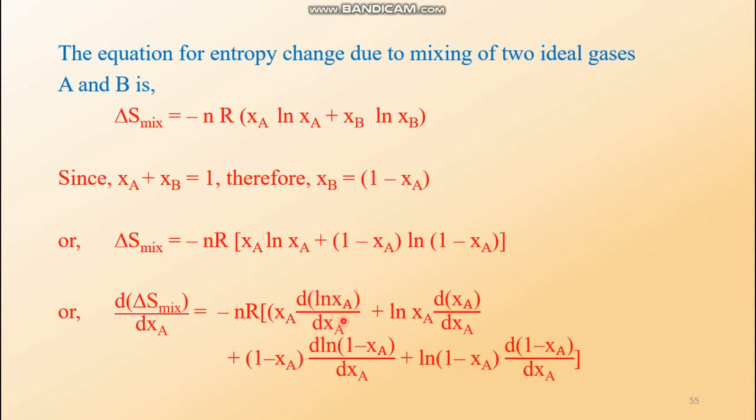This differentiation gives the result minus 1 divided by 1 minus XA. Okay, you know how. And this differentiation gives the result just minus 1. That means it becomes minus ln 1 minus XA.